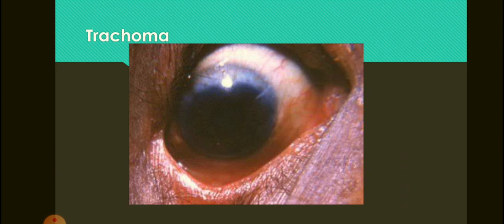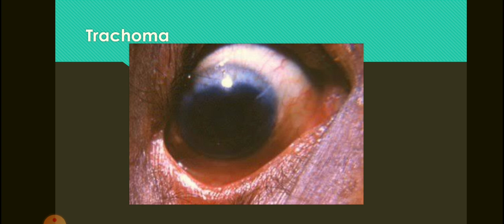So trachoma can lead to some changes in the eye structures, like follicles in the bulbar conjunctiva, scarring of the cornea, trichiasis, or corneal opacity. So let's see what changes trachoma leads to in ocular structures.